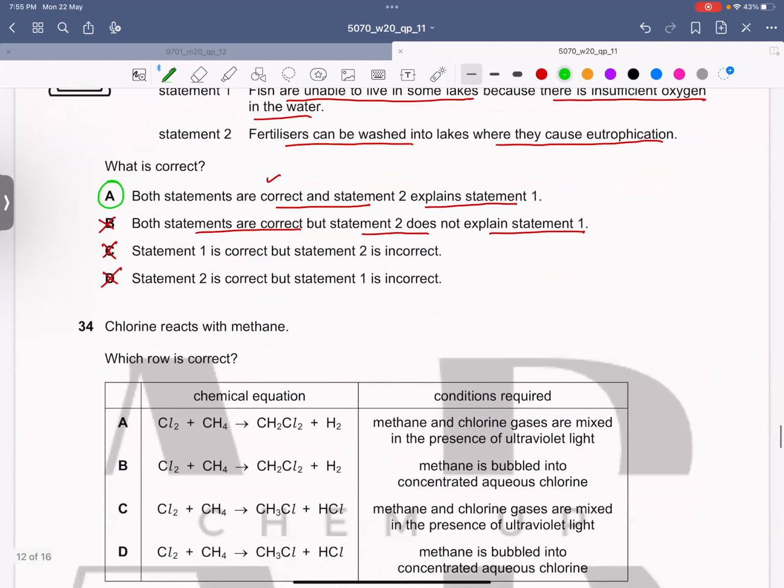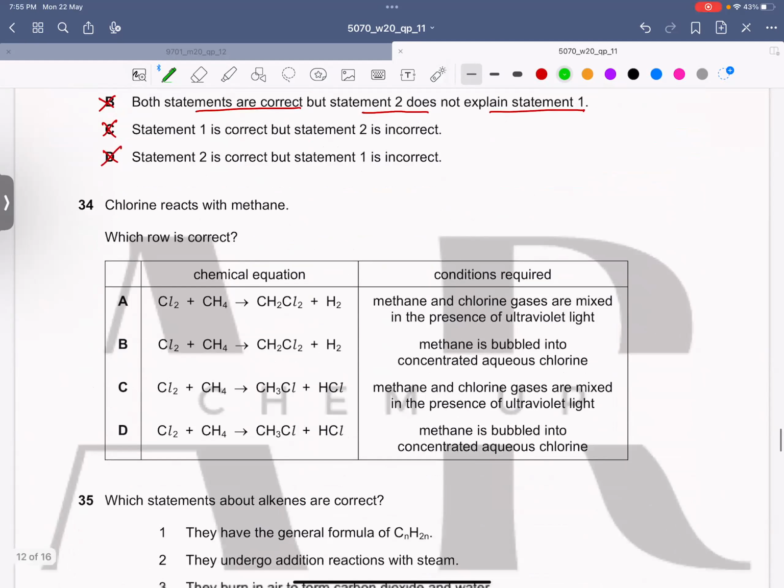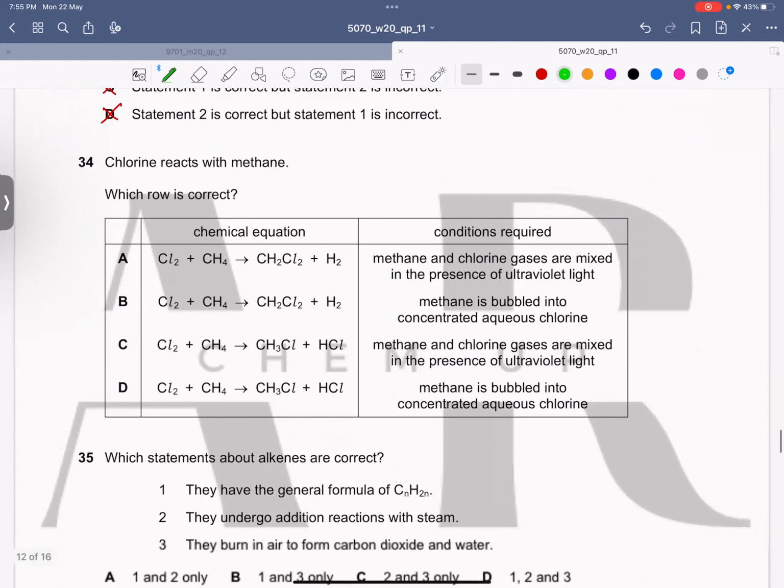Okay, Hassan and Abdullah. Now, the rest of the questions, I assume 34, 35, 36, 37, 38, 39, 40. 7 questions. These all from organic. Chlorine reacts with methane. Which draw is correct? If you see, is this the correct equation?